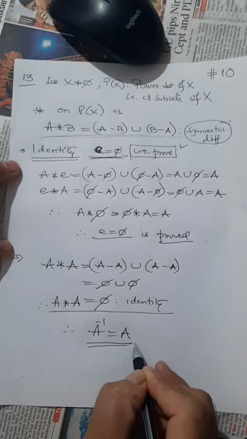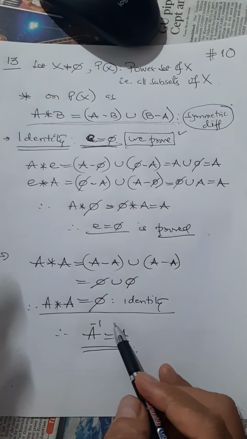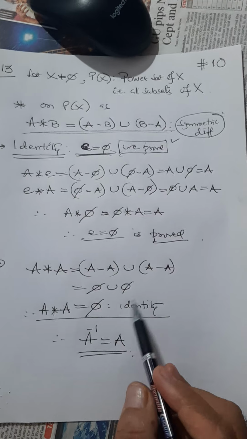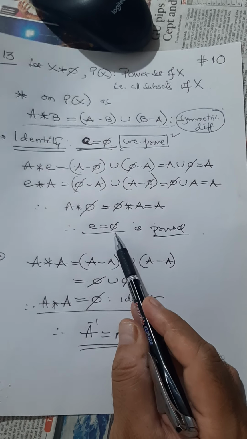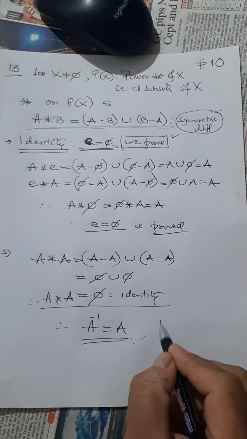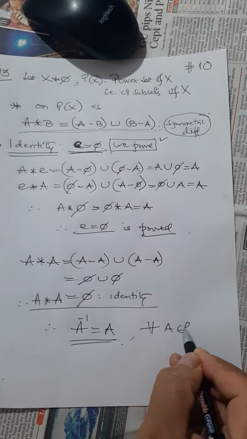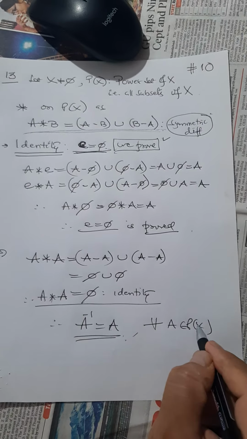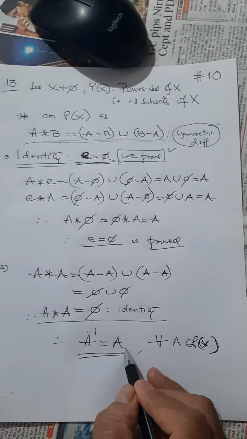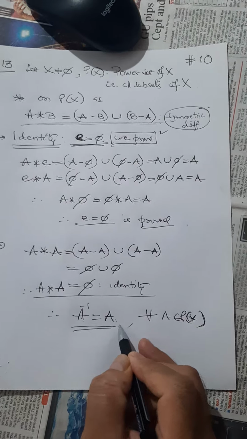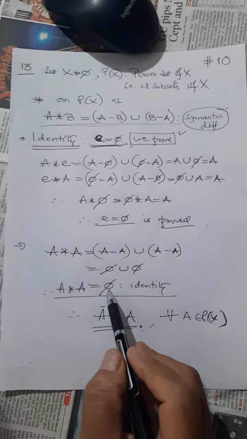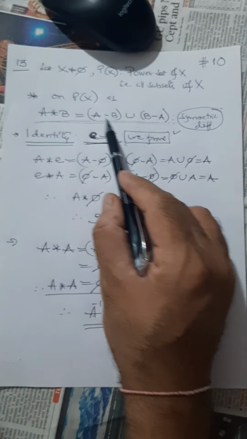For every set A, this is true, remember. So we have shown here that phi is the identity, and for all A in P(X), it is invertible and its inverse is itself. Remember, this is a very well known property. A star A is always the identity for this operation.